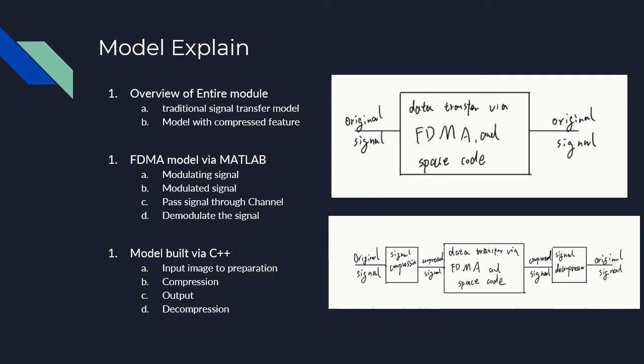Then we'll do the DCT algorithm to do the compression. Finally, we have the compressed data and we'll send it to FDMA and do the signal transfer. And when the signal reaches the decompression part, it will do the exact inverse of the compression.